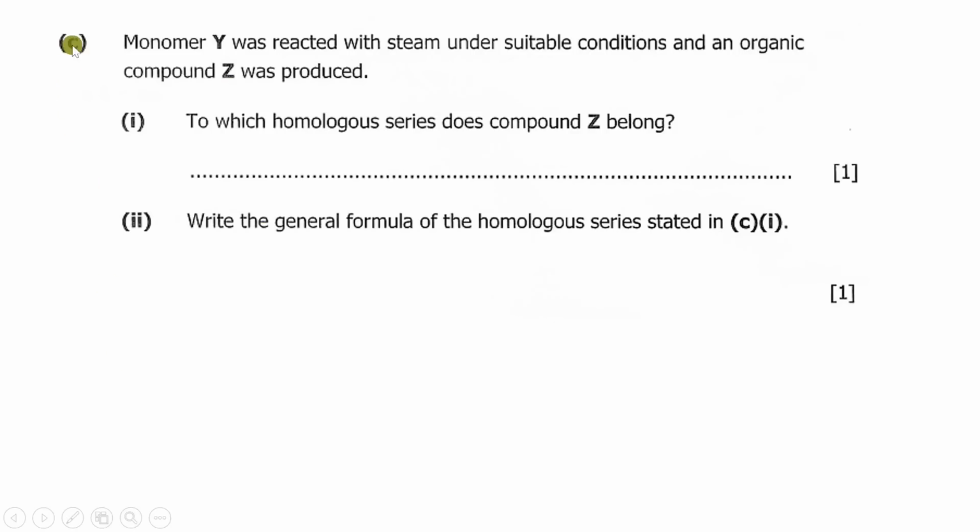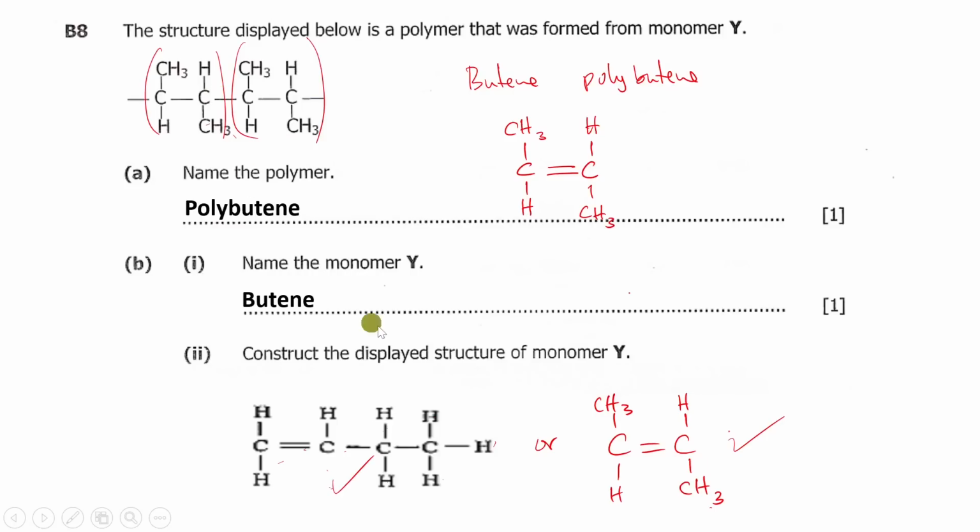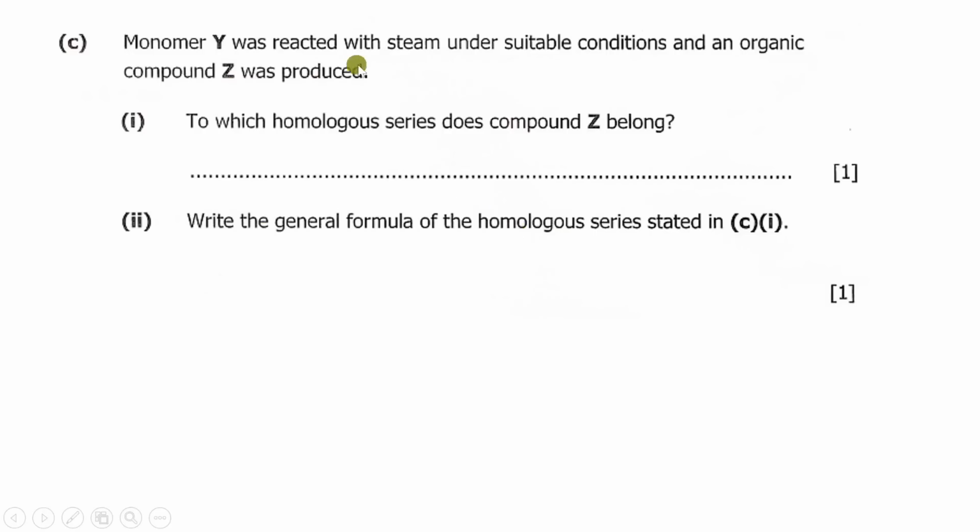Then we come to C. Monomer Y was reacted with steam under suitable conditions and an organic compound Z was produced. C1, to which homologous series does compound Z belong? So this Y is butene. So butene was reacted with steam, which is hydration.